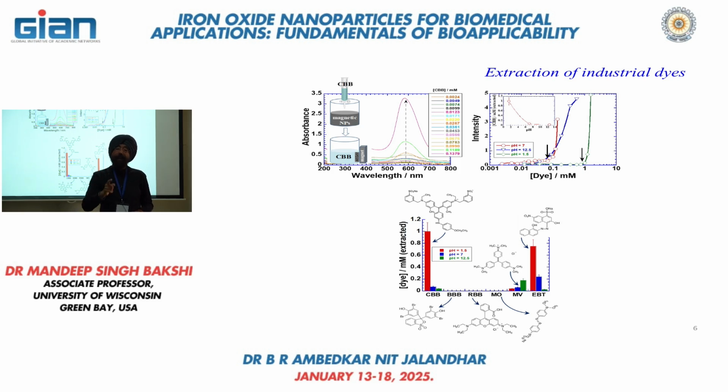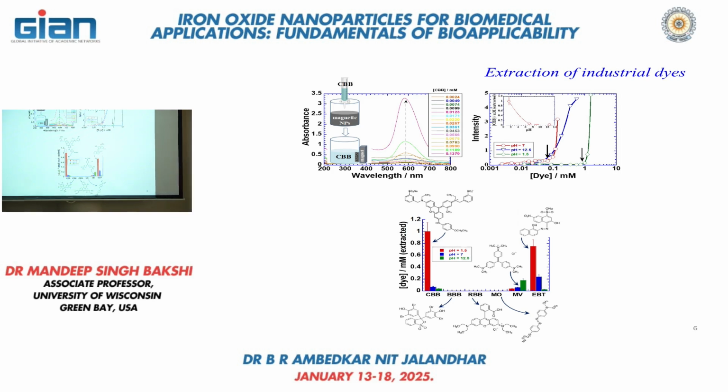So titration is a rapid method, and if you want to sell this methodology to some industry, they will prefer the titration method rather than the static method. They will prefer a rapid method which can instantaneously extract the dye in a shorter period of time. So, bottom line, this is the way the functionalized magnetic nanoparticle works.